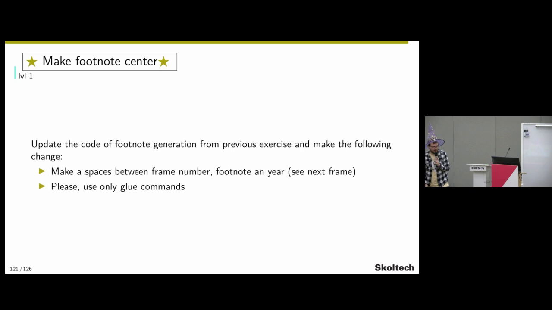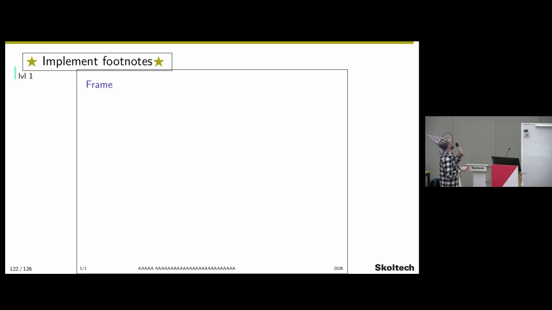It's pretty simple: put this stuff in the center and add some space between this and this. This is done by infinite glue. Find the infinite glue in the slides, and you can add it and make something like this.